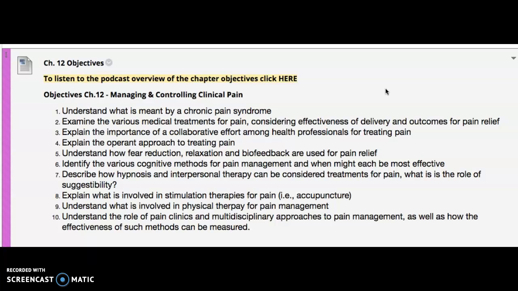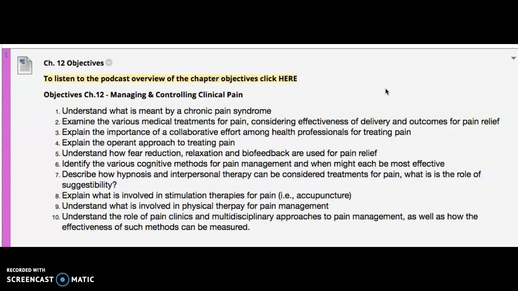And then we'll start to get into the various medical treatments for pain, looking at specifically how effective these are, how they're delivered, and then what are the outcomes for patients in terms of pain relief when going these different routes. We'll also talk about the importance of the collaborative effort amongst healthcare professionals for treating pain.